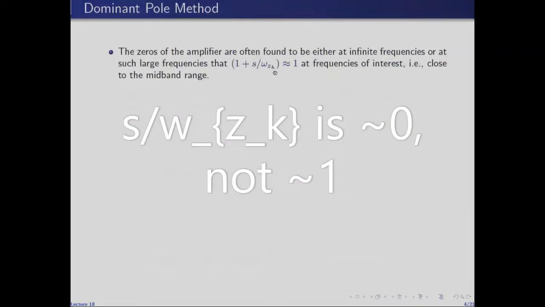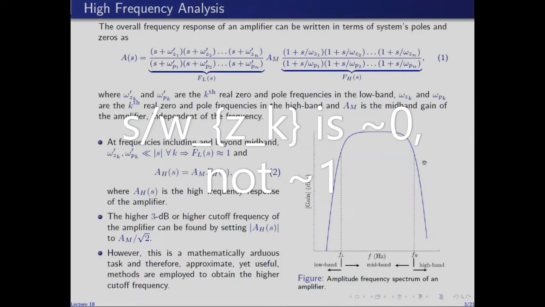That is for the kth zero frequency, S over omega zk, where S is the frequency within the range of interest, which is typically close to the midband, because we are interested in the higher cutoff frequency. So higher cutoff frequency lies within the frequency range, which is close to the midband.